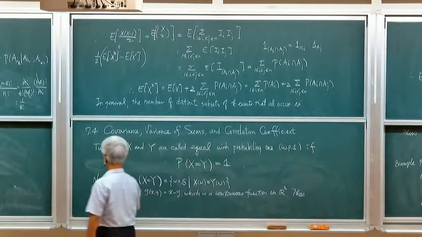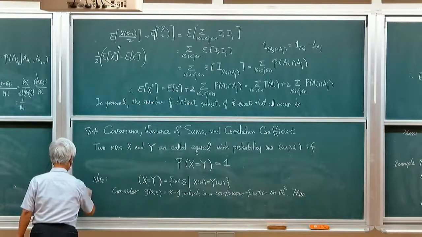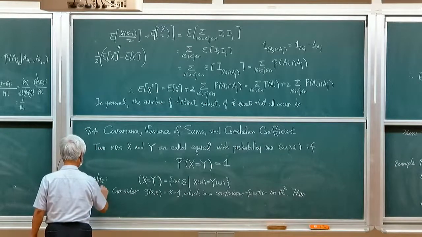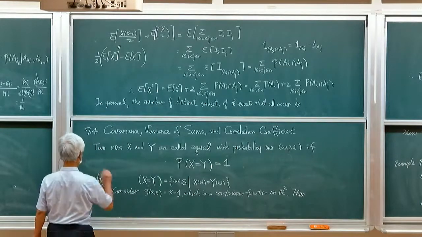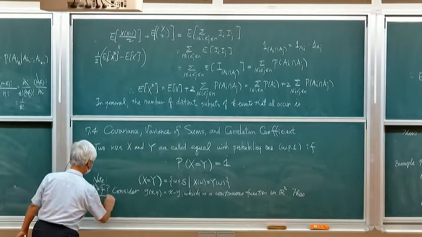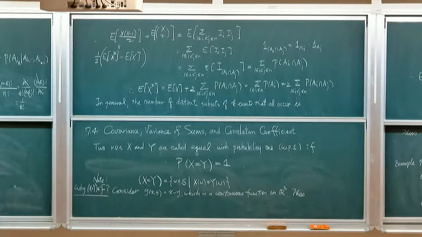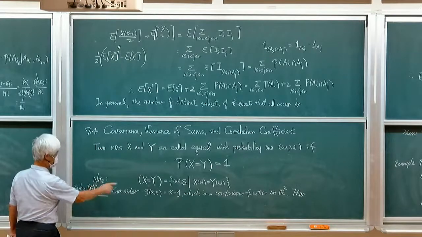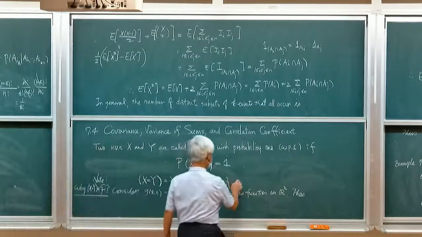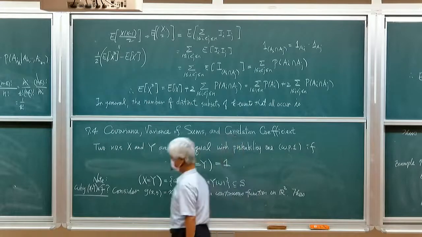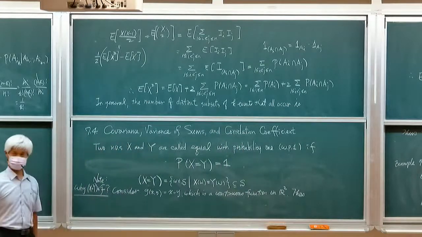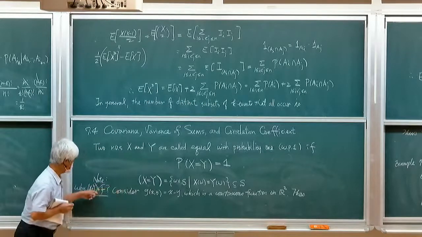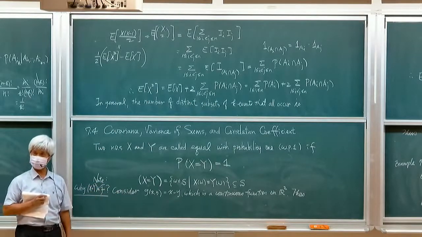Maybe I have to write down the question. Why is this a subset? Because it's a subset of the sample space, and the question is why this subset is an event of interest.